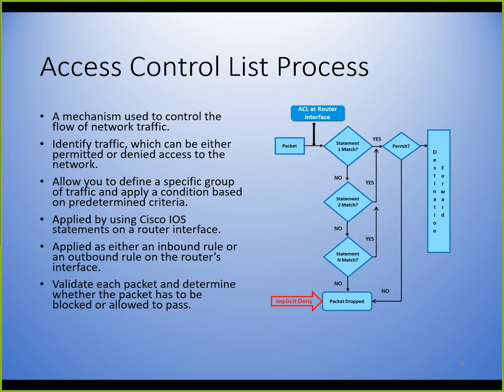It allows you to define a specific group of traffic and apply a condition based on predetermined criteria. This is a Cisco slide using the Cisco IOS statements on the router. Applied as either an inbound or an outbound rule, it validates the packet to determine whether it has been blocked or allowed to pass.